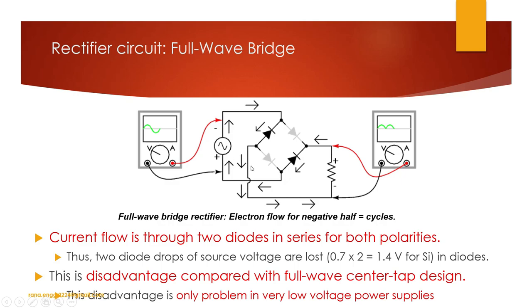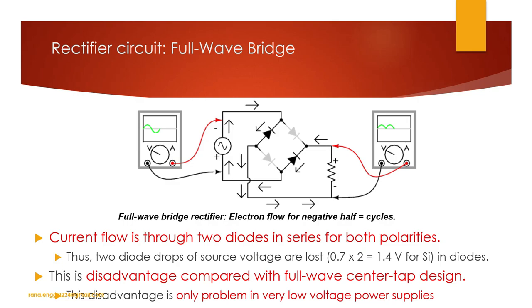But what is the drawback here? For full wave bridge rectifier we are using 4 diodes. Out of the 4 diodes, 2 diodes are on. So whatever is our input voltage, that will not go to the output completely. There will be loss at the diode, because diode has some internal barrier potential. That particular potential must be overcome by the input voltage, and then only it can start the conduction.